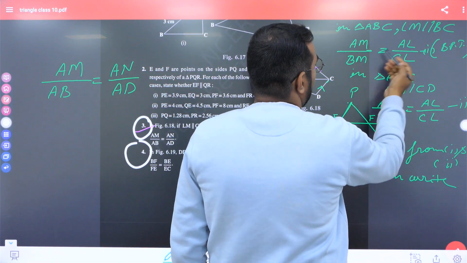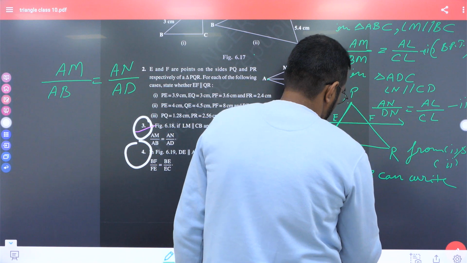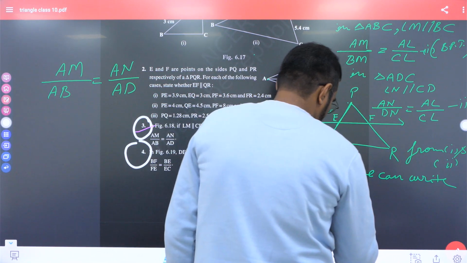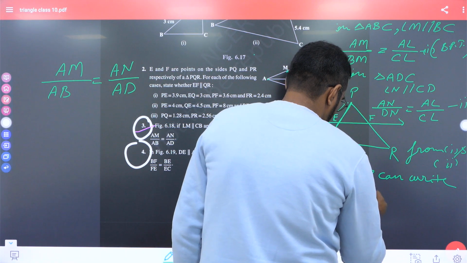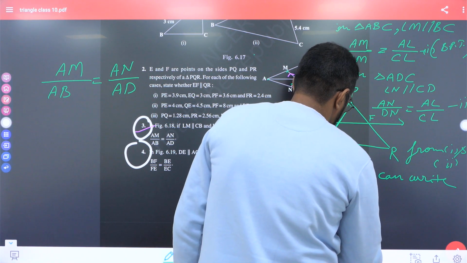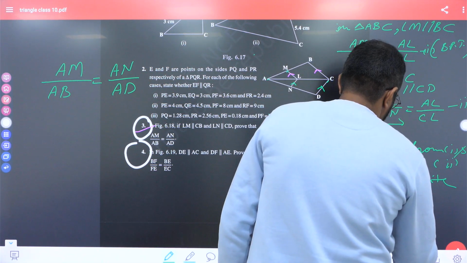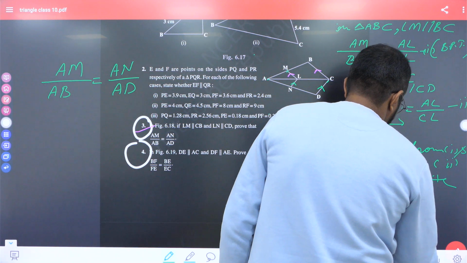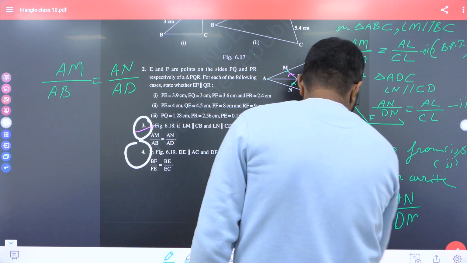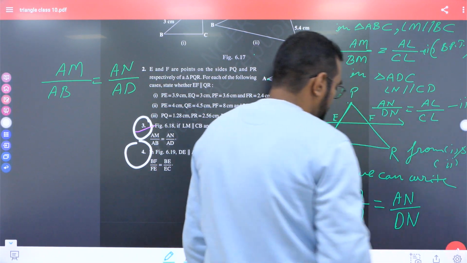Because things which are equal to the same thing are equal to each other. So we can write AM upon BM is equal to AN upon DN, right?